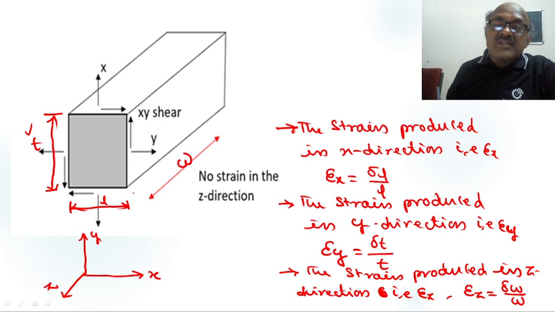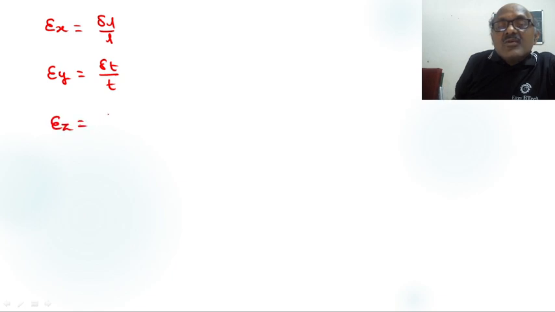All of you carefully observe, my dear students. Here the width is very large compared to length and thickness. So strain in x direction is equal to delta L by L. Strain in y direction is equal to delta T by T. Strain in z direction is equal to delta W by W. Here length is very less, so automatically epsilon x is more.